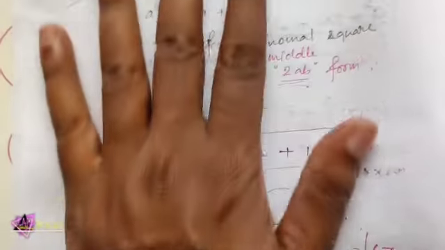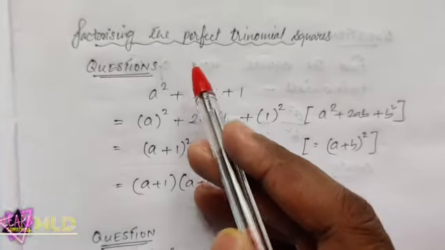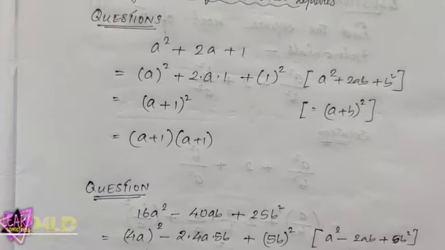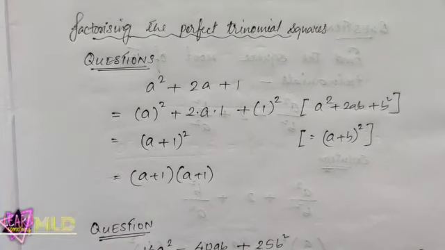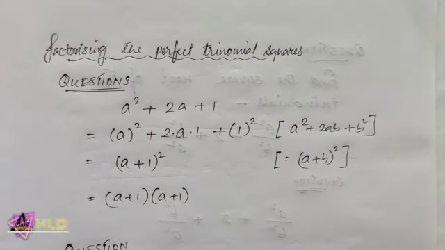Now we come to the factorization part. Factorizing the perfect trinomial squares. Now this is a question which I will solve for you, that is, I will factorize it for you. Since there are three terms, let us first check whether it is a perfect trinomial square or not.